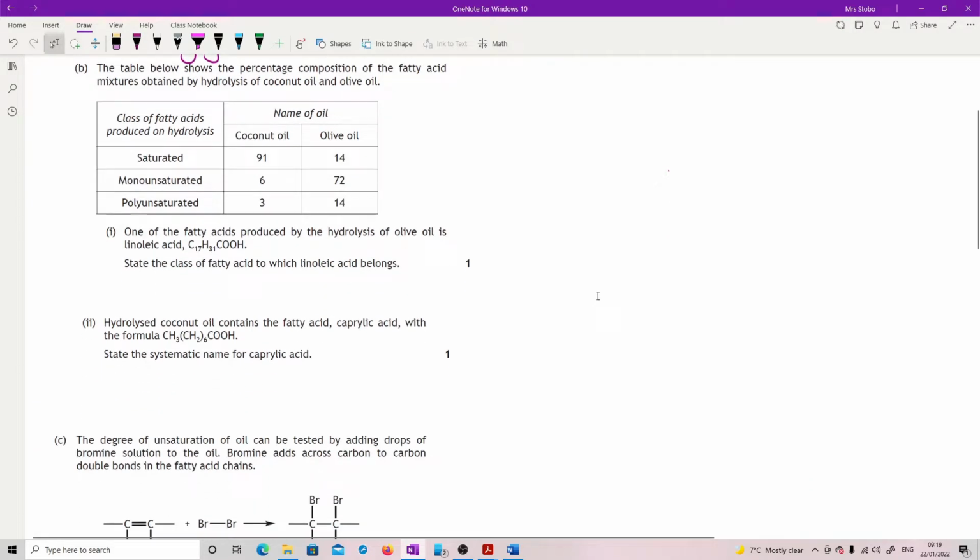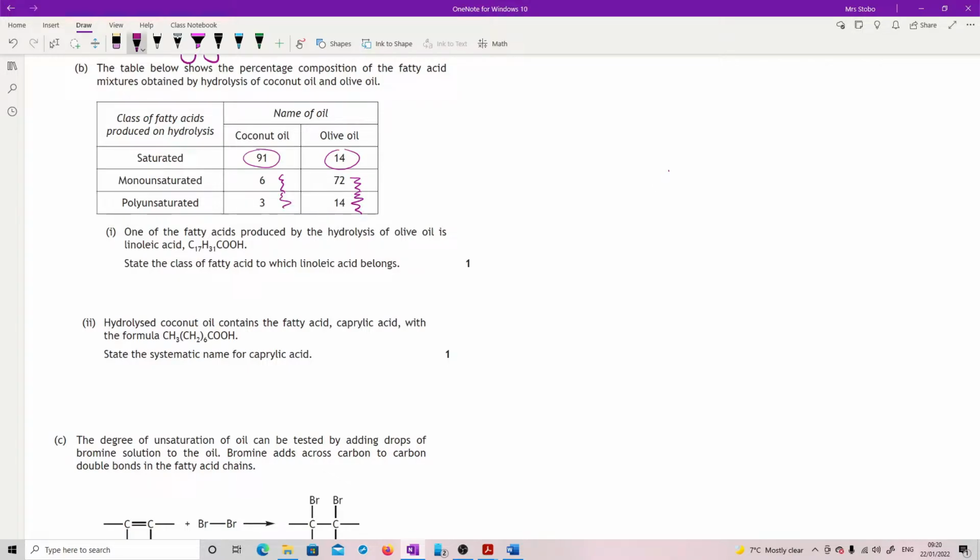Okay, the table below shows the percentage composition of the fatty acid mixtures obtained by hydrolysis of coconut oil and olive oil. So we've got the class of fatty acids produced. We've got a lot more saturates in coconut oil than we do in olive oil, and we've got more monounsaturates in olive oil than in coconut oil, and we've got more polyunsaturates than we do in coconut oil.